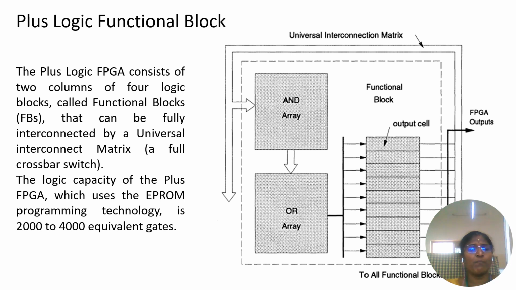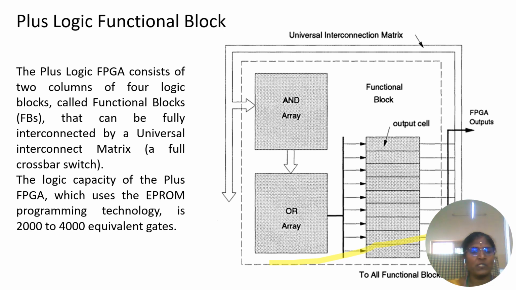The next one, the PLUS logic functional block. This is one of the vendors fabricating the FPGA. The PLUS logic FPGA consists of two columns: one is the AND array and the other one is the OR array, which can be fully interconnected by a universal interconnect matrix.